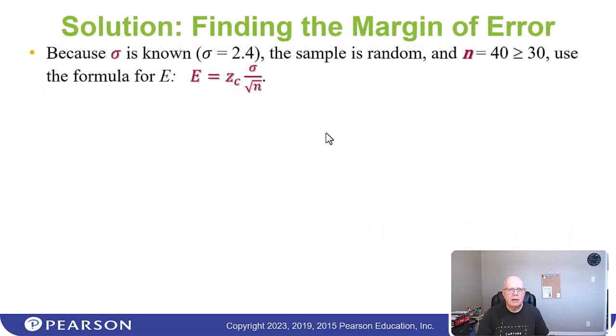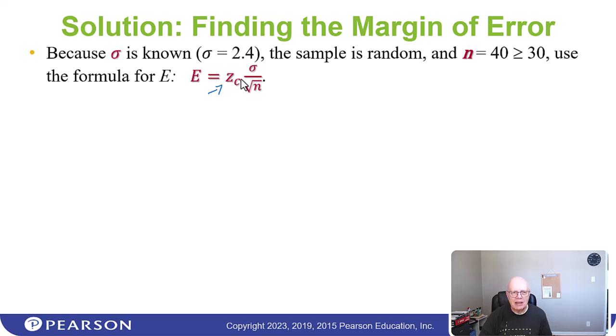Since we know the standard deviation, it's 2.4, and the sample is random, and we've got 40, and that's greater than or equal to 30. So we're in good shape. That means we've got a normal situation, and Z sub C makes sense, because Z means we're working with a normal distribution.